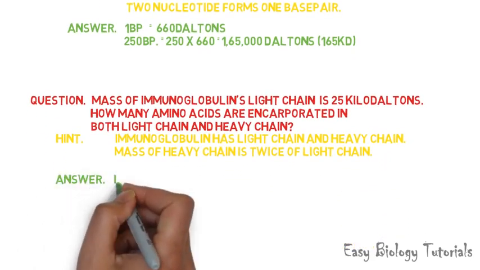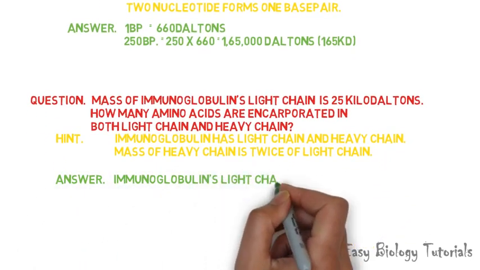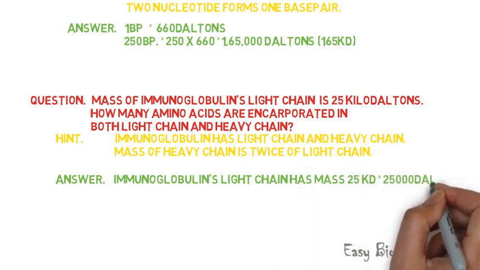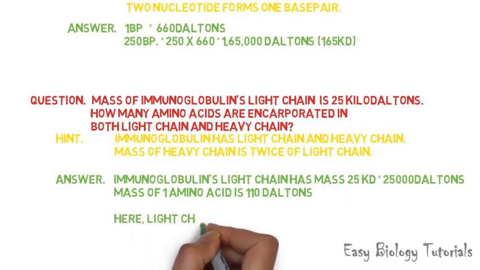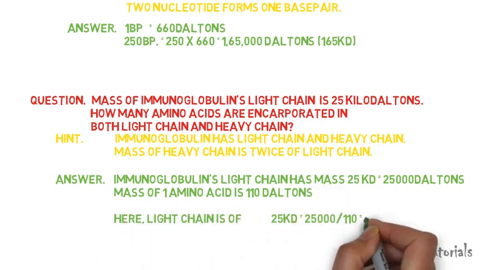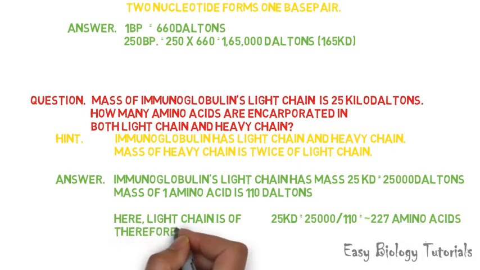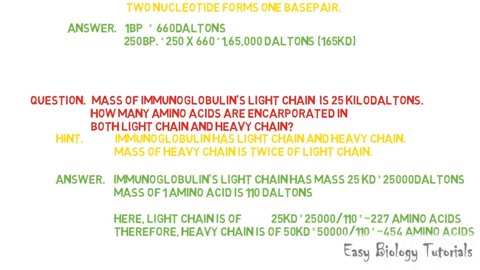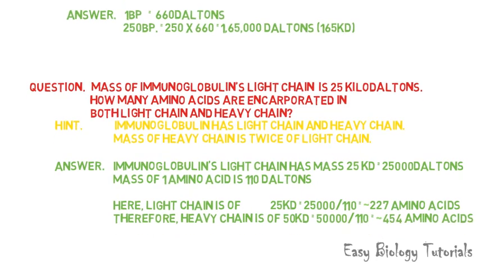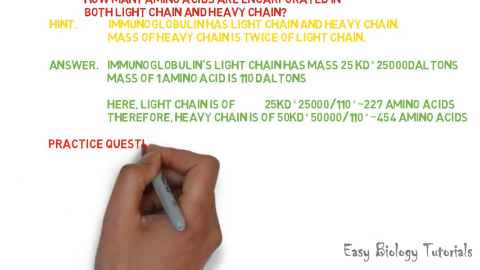Okay, so answer, immunoglobulin's light chain has mass 25 kilodalton, that means 25,000 daltons, and mass of one amino acid is 110 dalton. Here light chain is 25,000 divided by 110 means 227 amino acids. Likewise the heavy chain will be 50,000 daltons divided by 110 is equal to approximately 454 amino acids will be incorporated in it. You can pause the video and calculate.